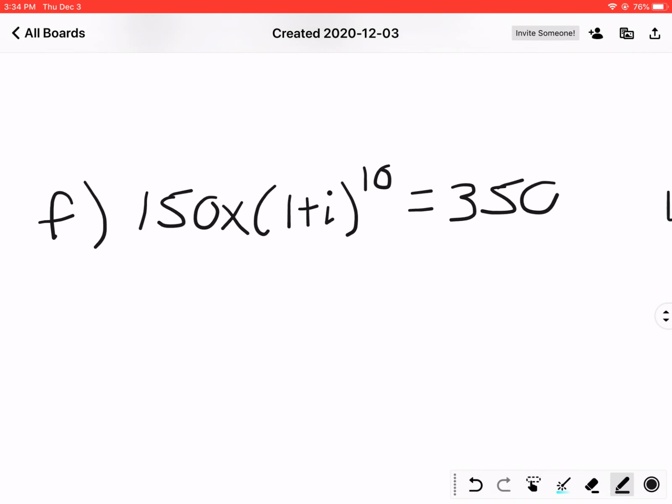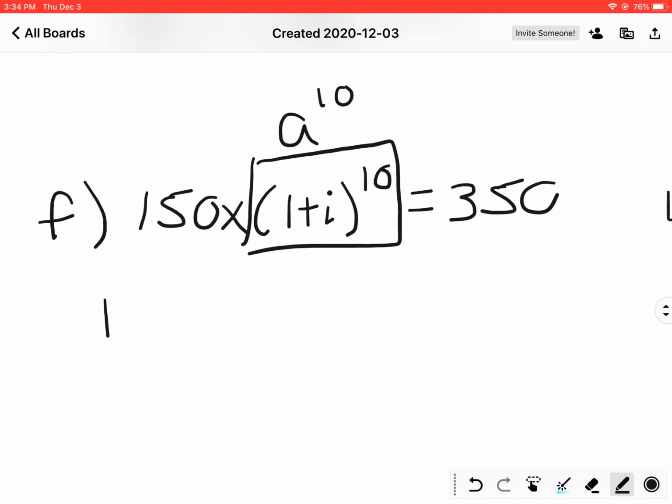And for this one, we want to get the value for i. Now, sometimes instead of doing 1 plus i to the 10, I might write a to the 10. It doesn't matter. They're almost the same. As I said, I want to get this part by itself. So right off the bat, I'm going to divide both sides by 150.